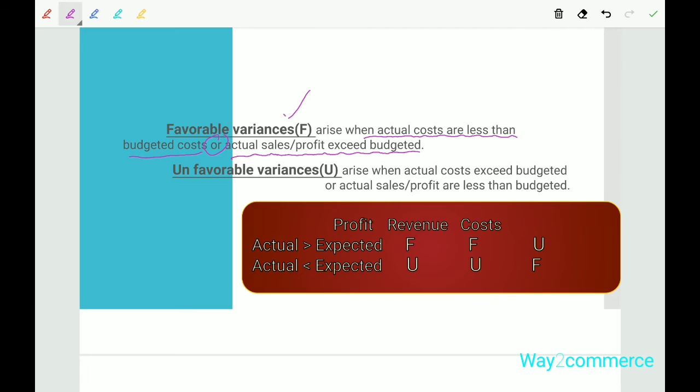In our earlier example, we predetermined the rate as 10 rupees. Actually, the price of the pen is 15 rupees. So is it a favorable or unfavorable variance? We estimated 10 rupees, actually 15 rupees, 5 rupees extra. So it is an unfavorable variance.